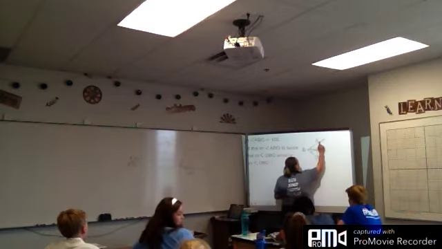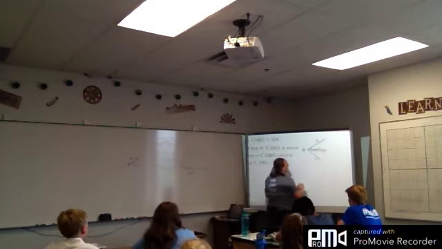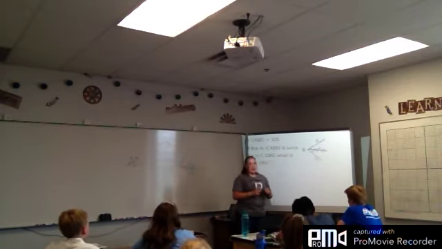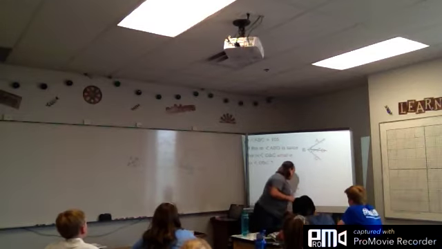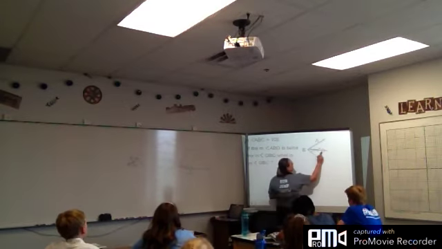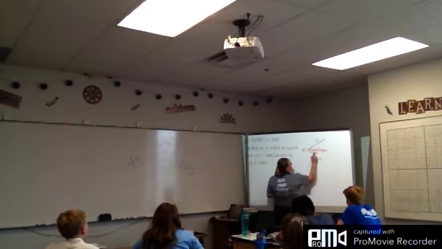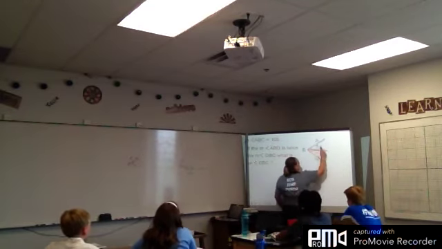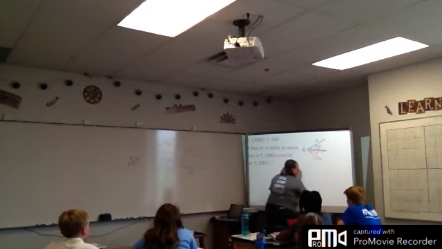ABD is twice as big as DBC. So if DBC is X, give it a variable for me. X. Okay, so DBC is X. That means ABD is twice as much, 2x.